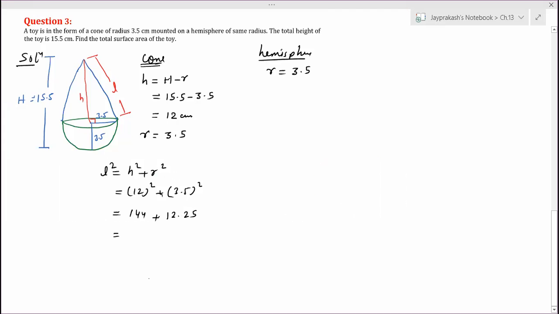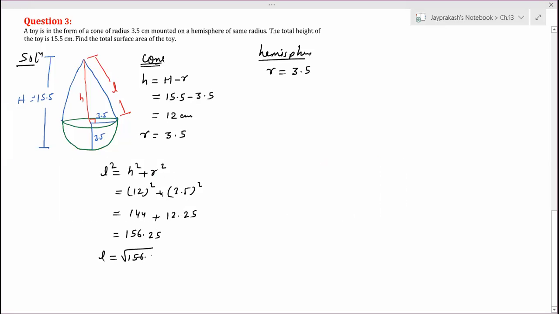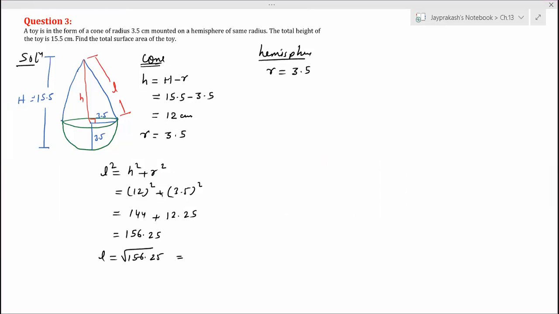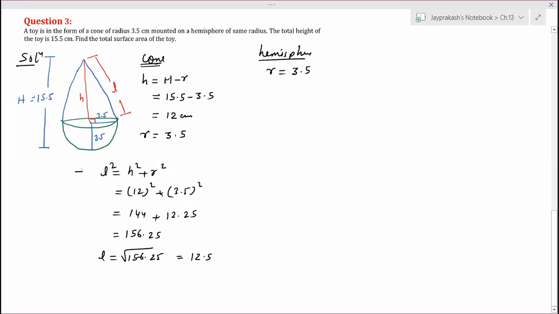Then the total sum will be 156.25. So the slant height is 12.5. Now the slant height is done.